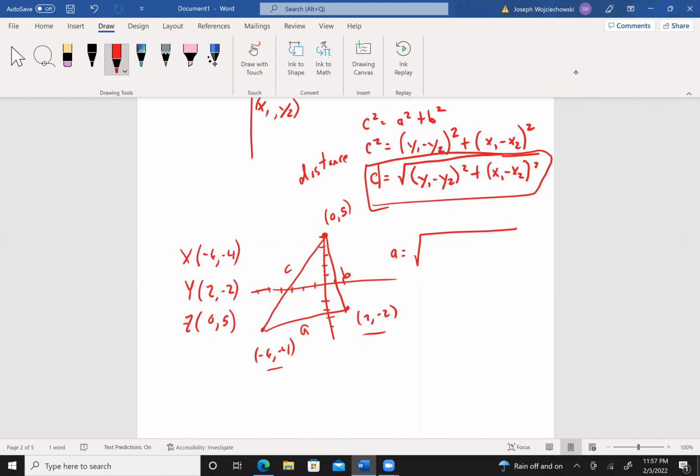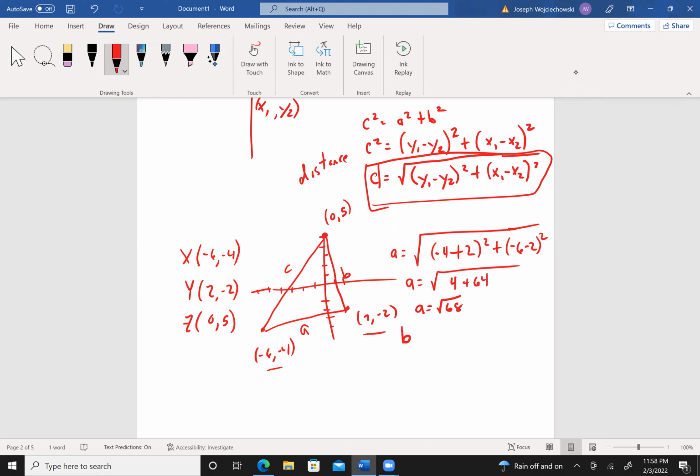Be careful, it won't matter in the long run. So a is the square root of: -4 plus 2 is -2, squared is 4; -6 minus 2 is -8, squared is 64. So a is equal to the square root of 68. We can leave it like that. We don't have to mess with it.